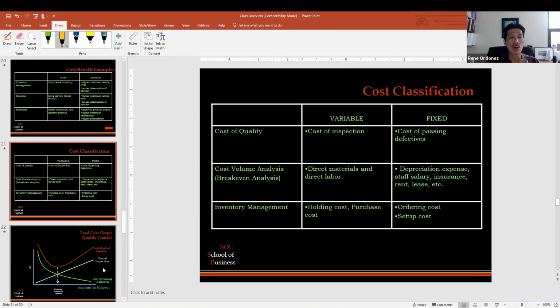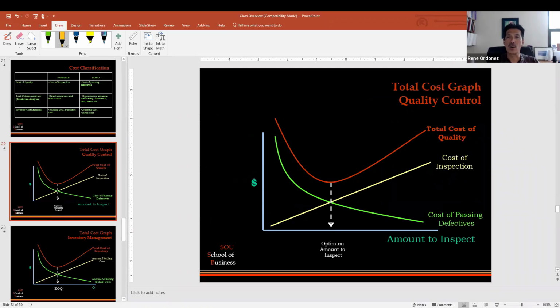So a typical graph that illustrates this balance between the cost versus benefit is this. Okay, this is a cost graph illustrating the cost of inspection, meaning the more inspection you do, the higher you spend on inspection. So that's this line here.